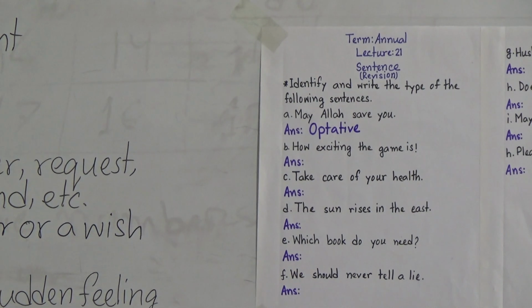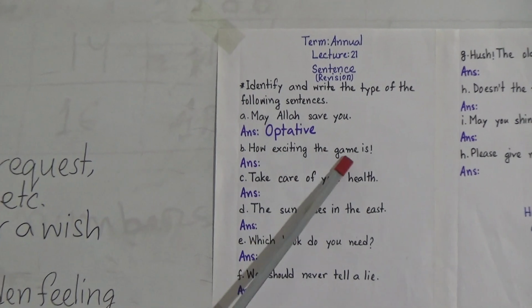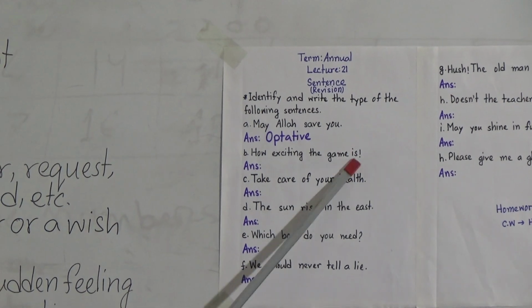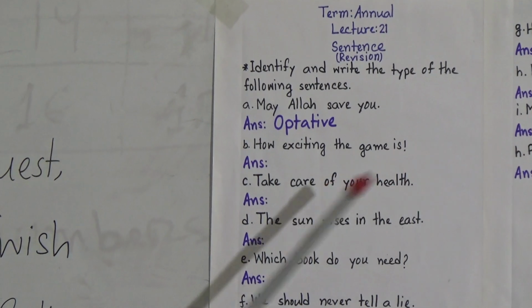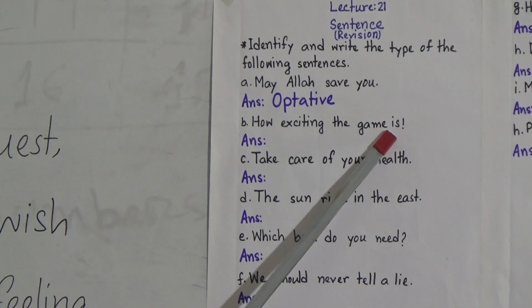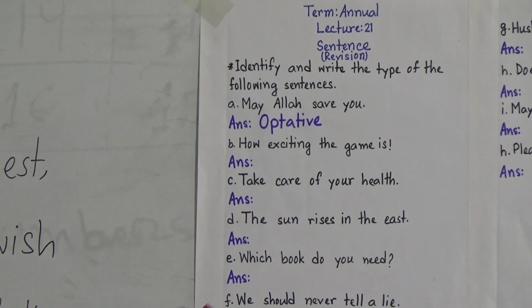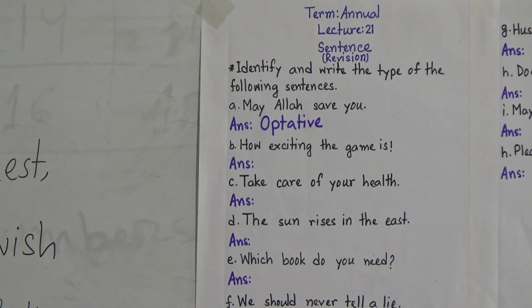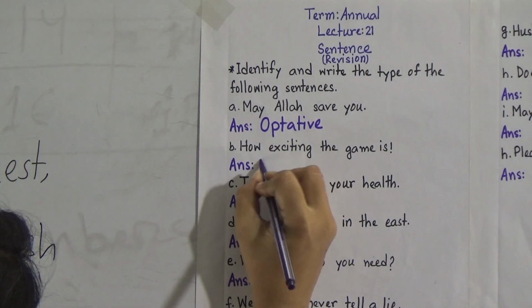Now we will go to the next sentence. Number B, how exciting the game is. Now look, at the end of the sentence there is an exclamation mark. And how exciting the game is, that means it is an expression of wonder or surprise. So it is an exclamatory sentence. So we write here exclamatory.